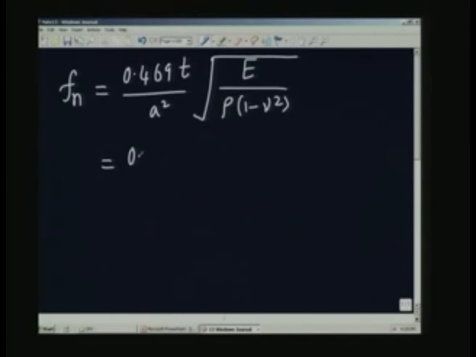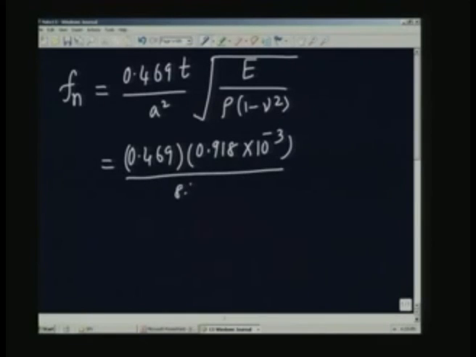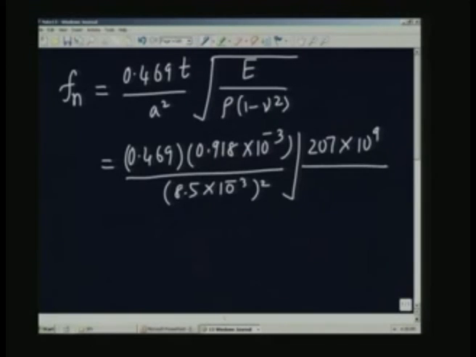So, I will just plug in the values, 0.469 into 0.918 into 10 to the power of minus 3, divided by 8.5 into 10 to the power of minus 3 whole squared, square root of 207 into 10 to the power of 9, divided by, this will be 7830 is the density, 1 minus 0.285 whole squared.